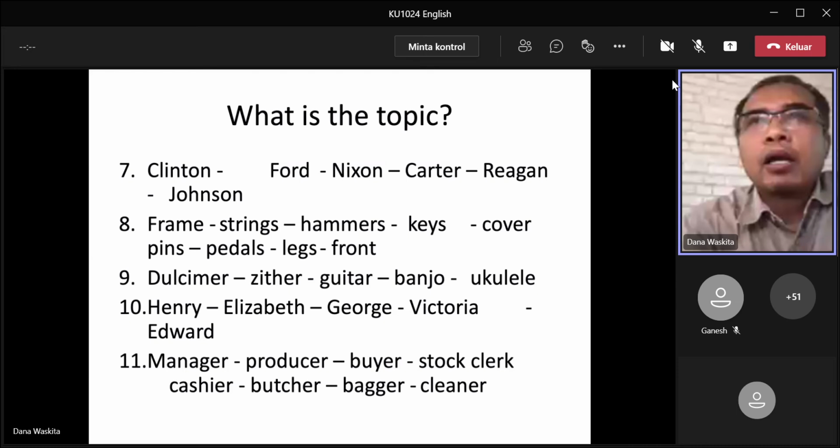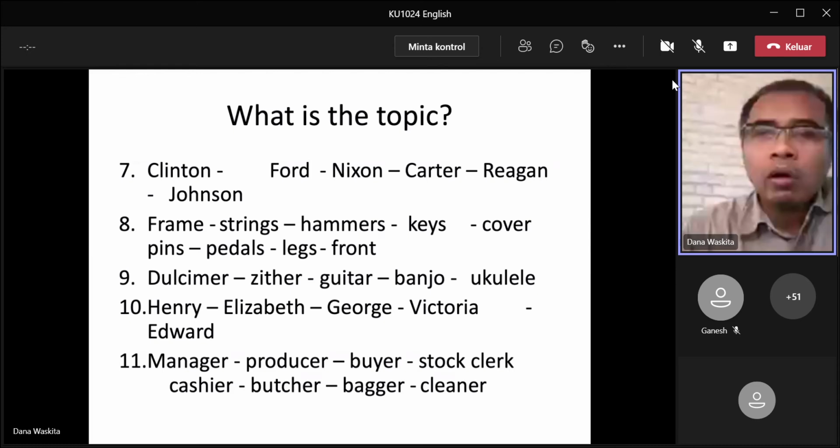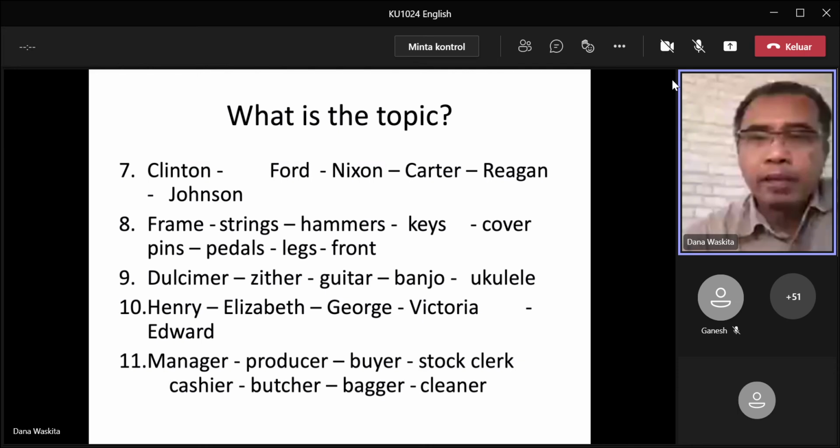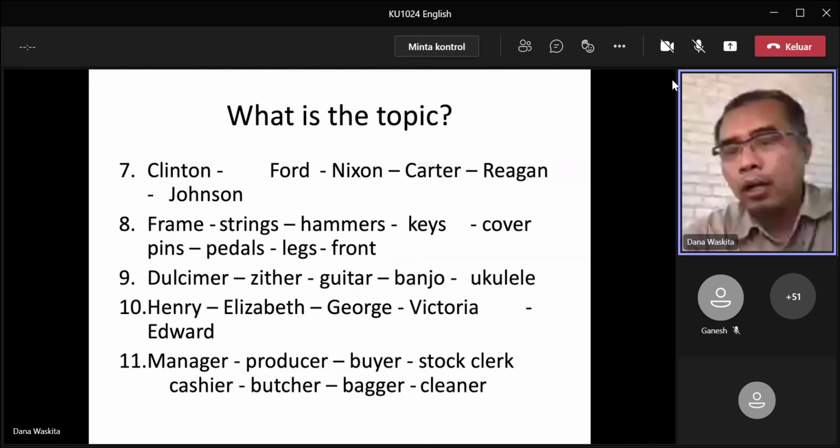To find the topic of those words, which is not written there, it means that it is implied, atau tersirat gitu ya. We can find it from the similarities. Ya, kita lihat dari kesamaannya. So we can find the topic. That is the first step to understand the paragraph.